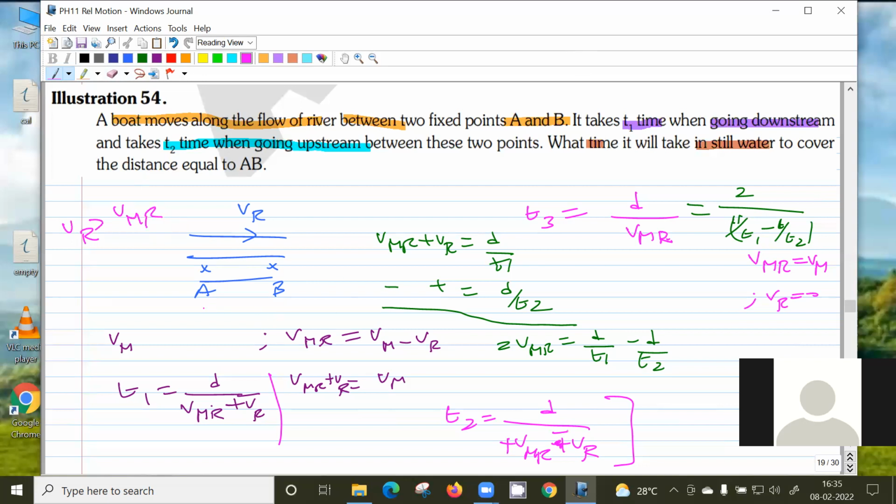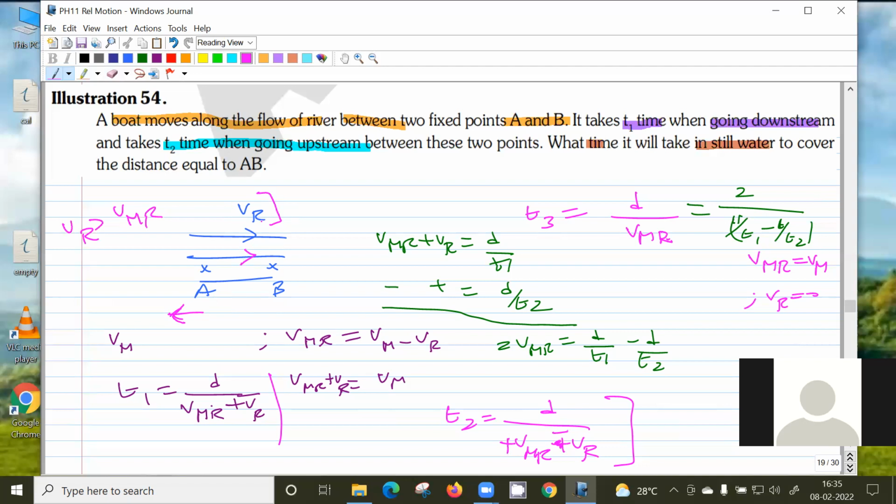See, when the swimmer is trying to swim upstream, he will never be able to reach B unless the velocity of river is dominant. Got it? Starting from here, he can move to B when the velocity of man with respect to river and velocity of river are in the same direction. But if the man is traveling in the opposite direction, he'll be able to reach B only when the velocity of river is much more.